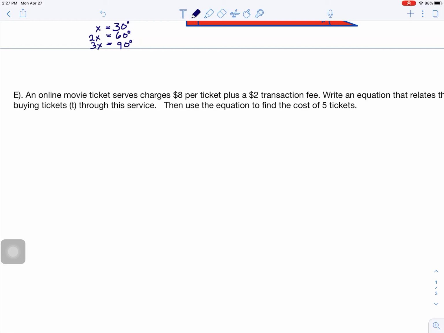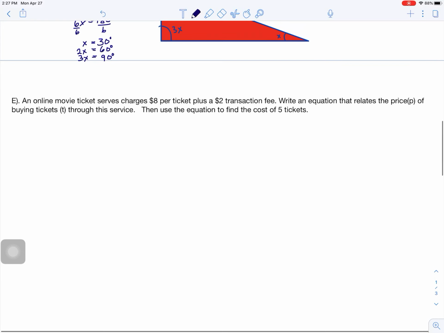An online movie ticket service charges $8 per ticket plus a $2 transaction fee. Write an equation that relates to the price, P, of buying tickets, T, through this service.